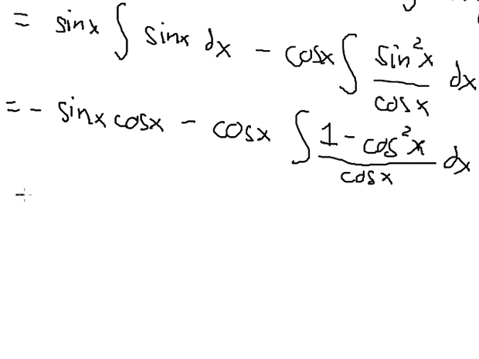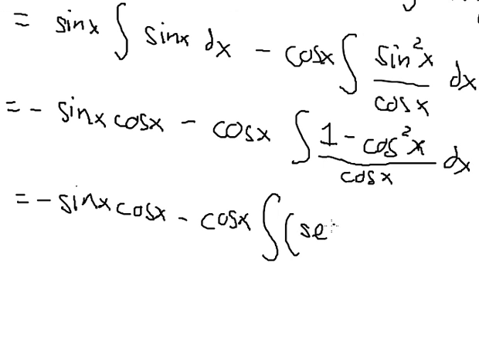So one divided by cosine s, you get secant of s. Cosine s squared divided by cosine s, you get cosine s.